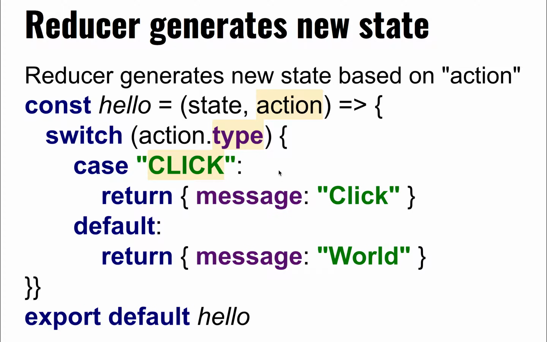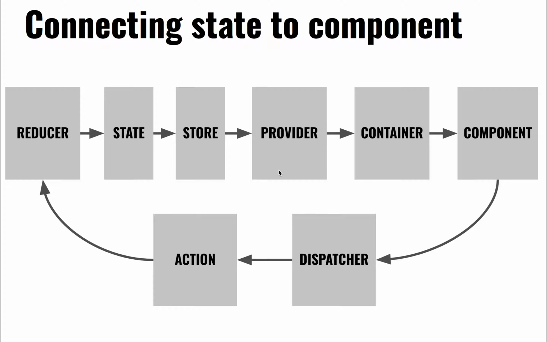All right, so to do that, we need to map this event that the component is generating through the property. We need to somehow dispatch it and generate an action that's going to be fed into the reducer. So the functions that generate this action are referred to as dispatchers in Redux jargon.